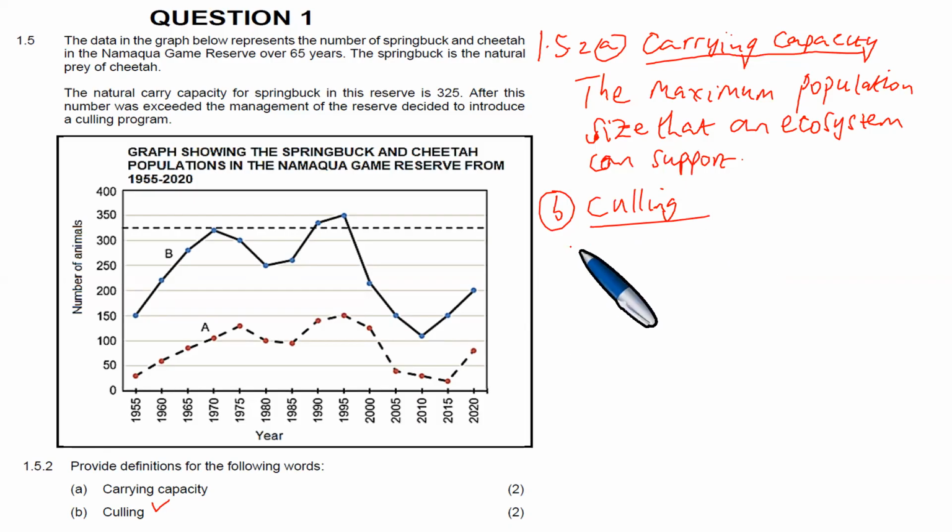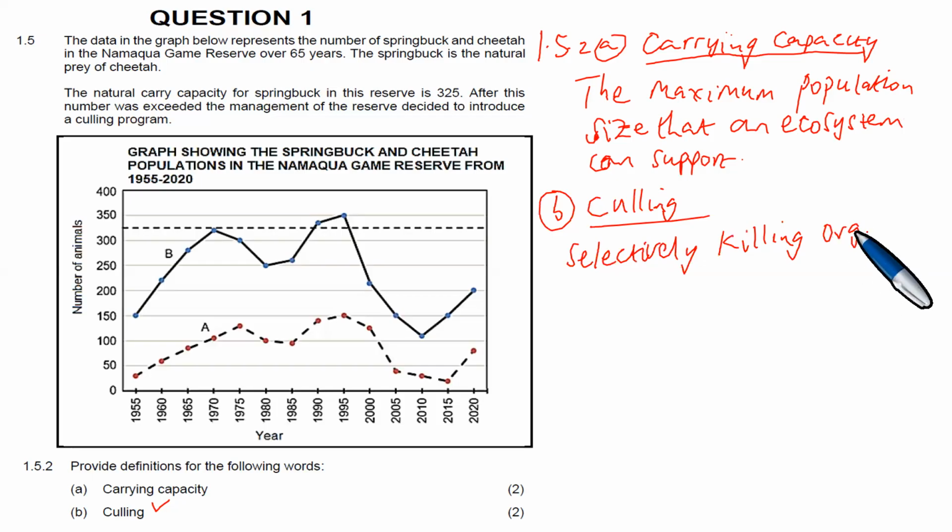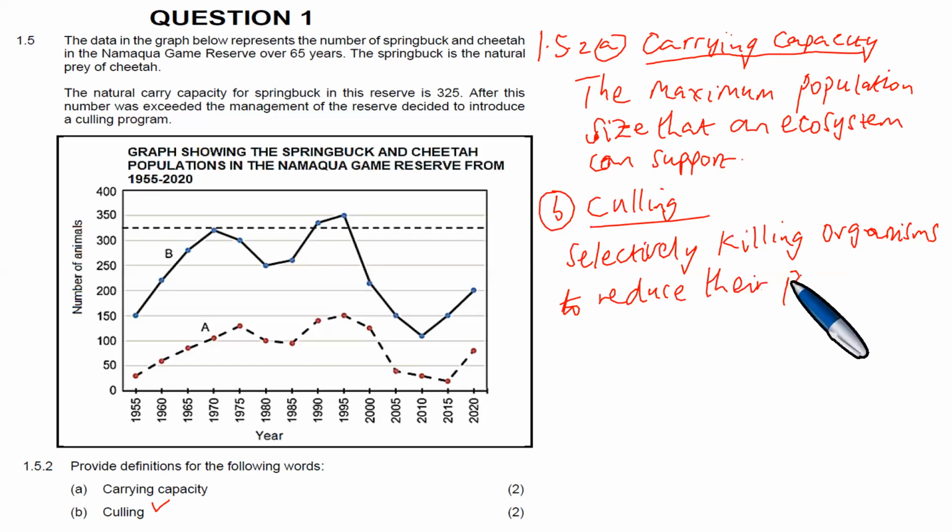Culling refers to, or it simply means, selectively killing organisms to reduce their population size.